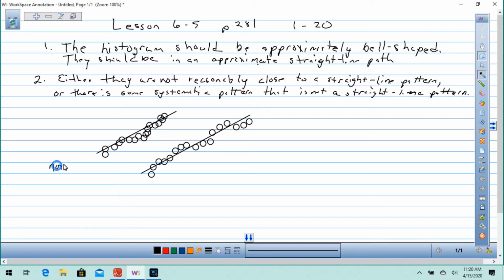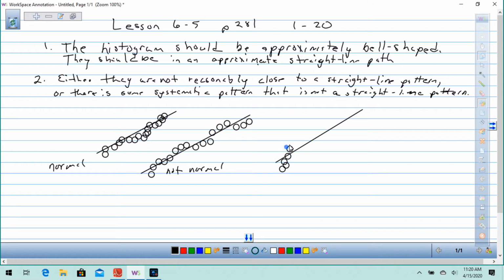This might be normal, and this here, this kind of has a systematic pattern that is not normal. Not normal. And another one that you see fairly regular might look something like this right here. Okay, that wouldn't be normal either.